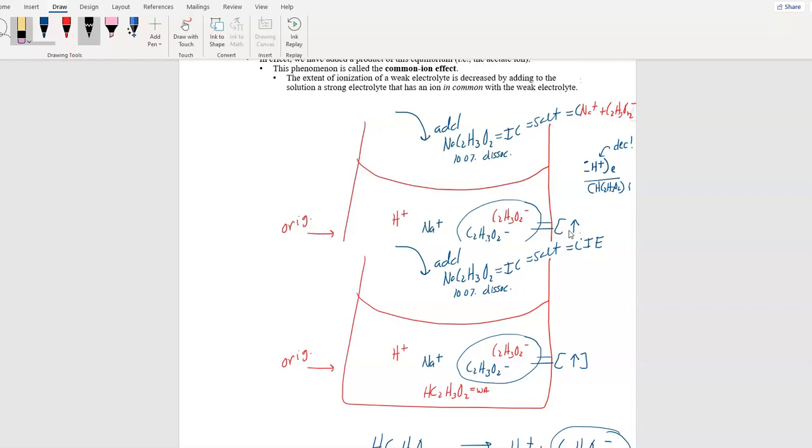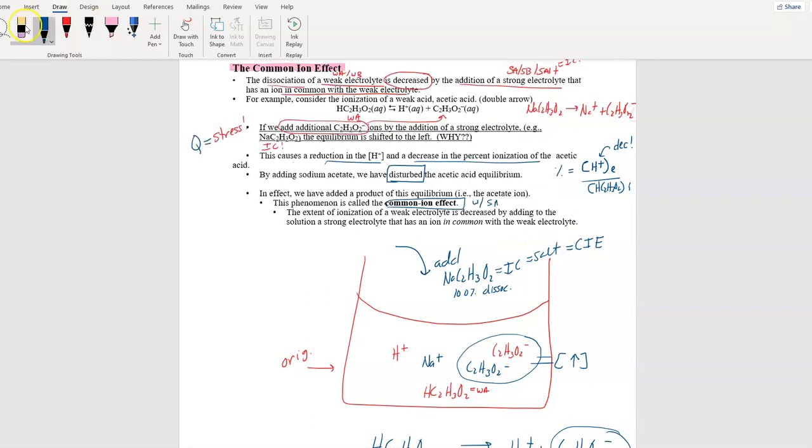I can't just add any old salt. I can't just add anybody. It has to be a common ion with either the weak acid or the weak base. It has to have somebody in common with that.